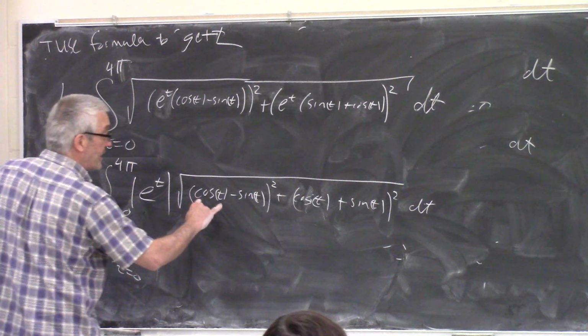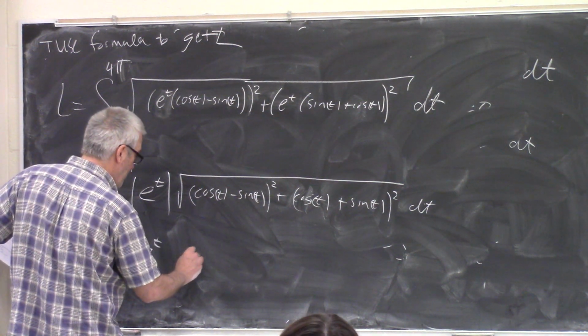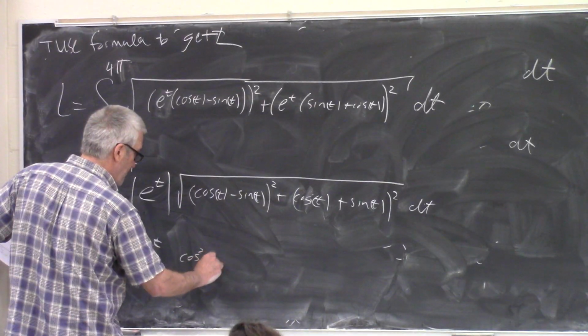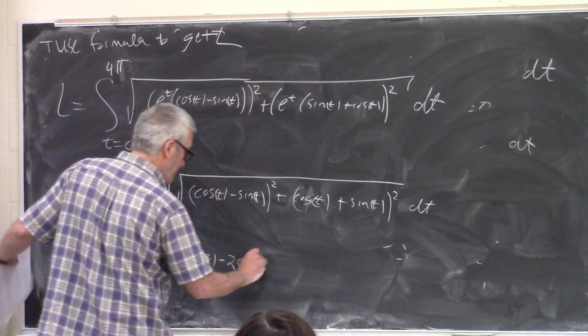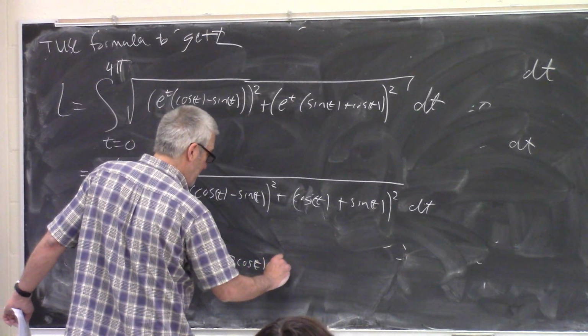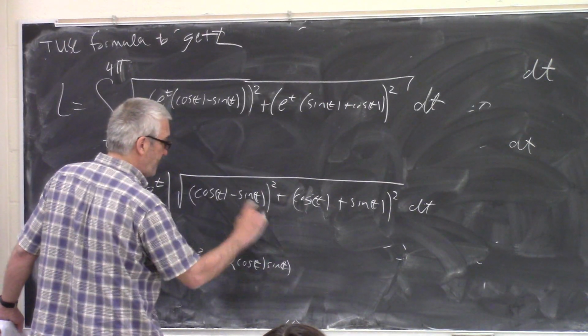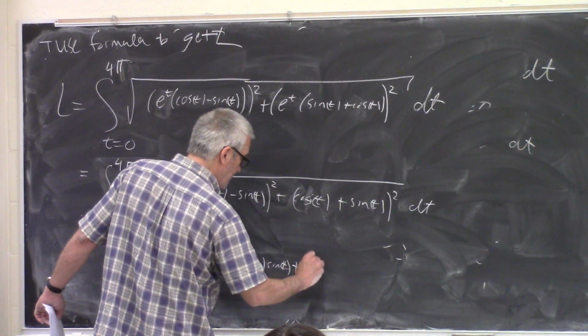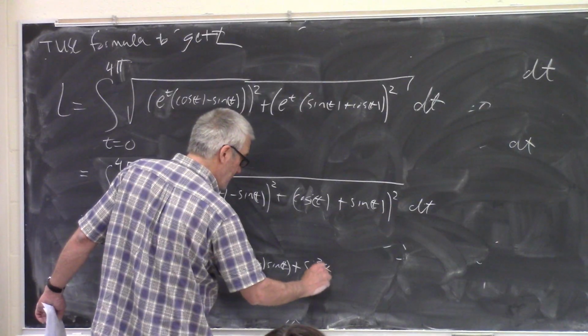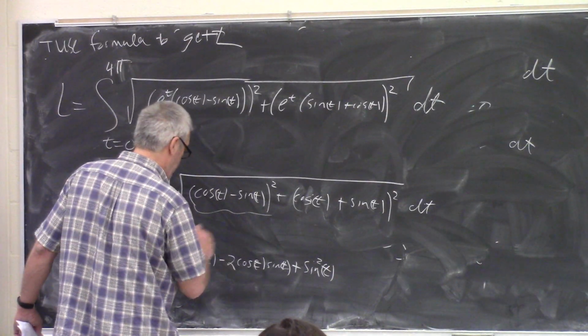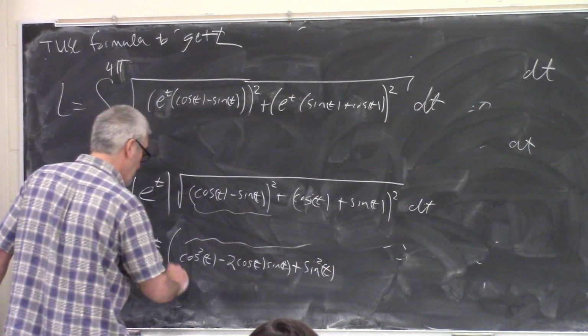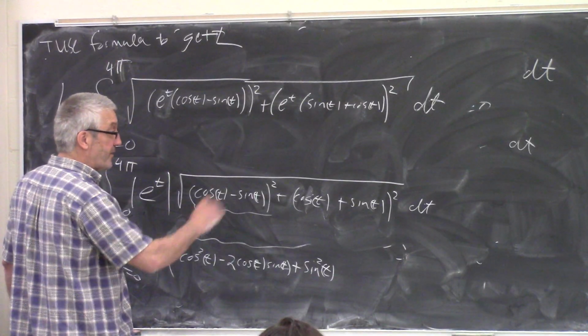And then, look, we're going to get cos squared t minus 2 cos t sine t, and then we're going to end up with a sine t squared. That's the first term squared. And then the second term is going to be the same thing.